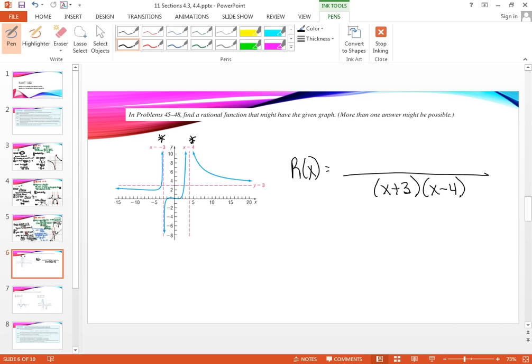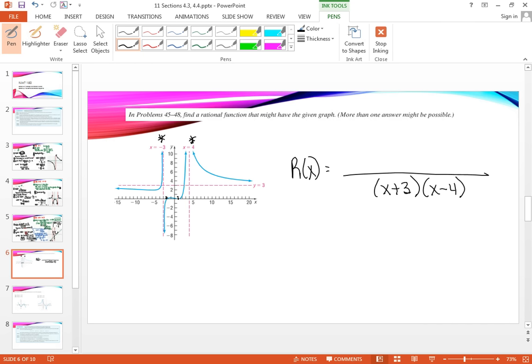now, what else do you see? What else would help? Okay. What about x-intercepts? Do you see any x-intercepts? That's hard to see on there, can't you? I think right there at -2 and right there at +1.